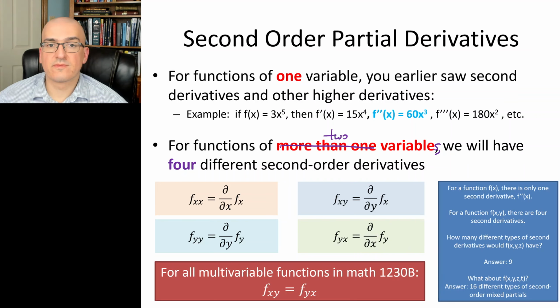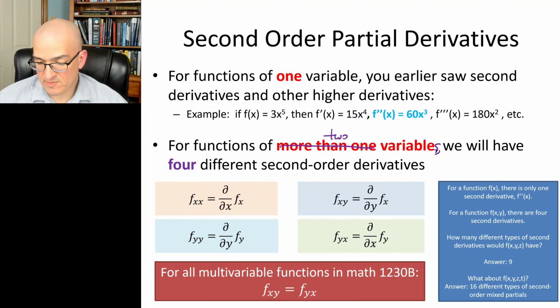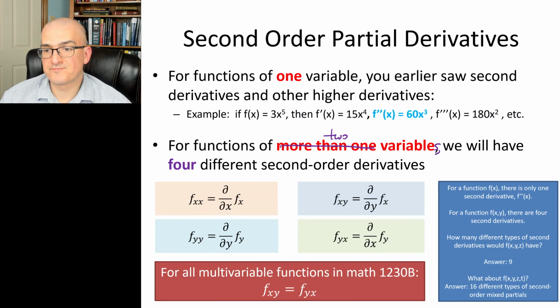The nice thing about the types of functions we'll be working with is that those mixed partials, evaluated at any coordinate or on their own, pre-evaluation, will always be equal to each other. So in other words, f sub xy is always equal to f sub yx.